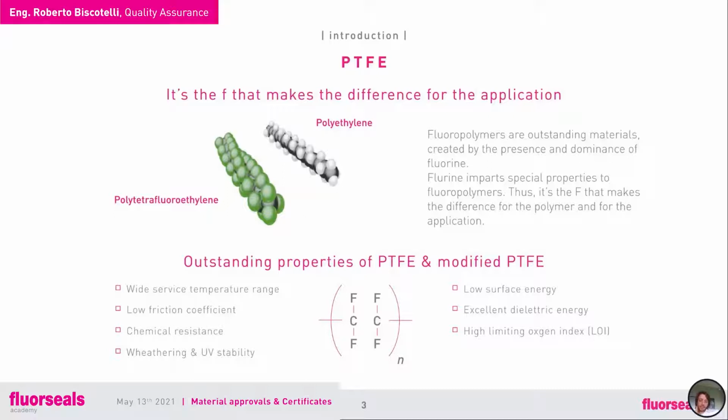Today, I will mainly talk about PTFE, so I will mainly refer to that, but this is generally true for all fluoropolymer and for PEEK too. So every one of them has its own sets of strengths and weaknesses, and they can cover the weaknesses of each other. But today I will mainly refer to PTFE.